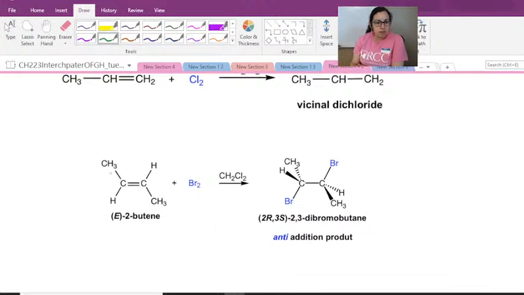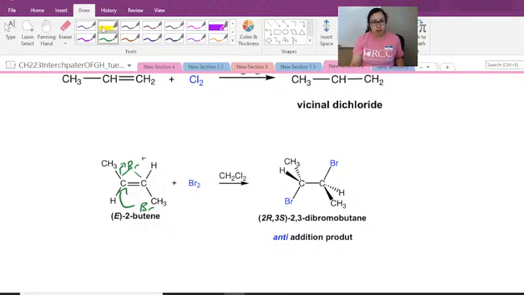If we have E-butene, then you make this bromonium intermediate first with your halogenation, then that blocks one side, so the other bromine has to come in from the bottom, and that would push those electrons up, and so that's why you get the anti-addition product here.